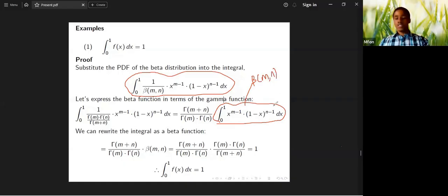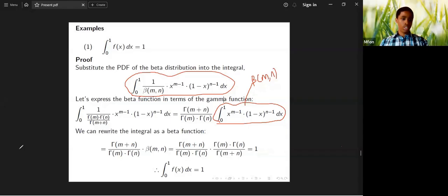Once we put this into the function, we now have to express it once again in terms of the gamma function, which is gamma m times gamma n over gamma (m plus n). So this will all cancel out, which will equal 1. Therefore, we prove that the PDF of the beta distribution integrates to 1.